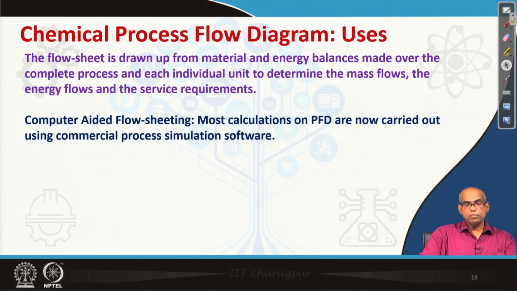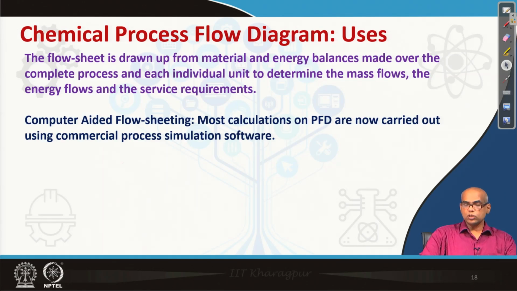So, what are the uses of the process flow diagram? The process flow sheet is drawn up from material and energy balances made over the complete process and each individual unit to determine the mass flows, the energy flows and the service requirements. Computer aided flow sheeting is normally done these days.